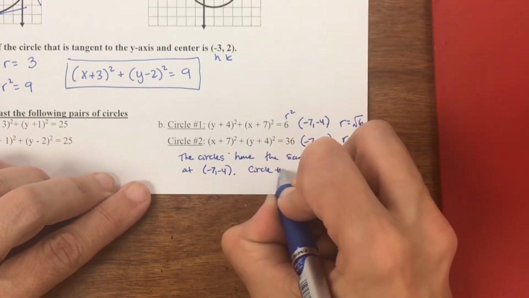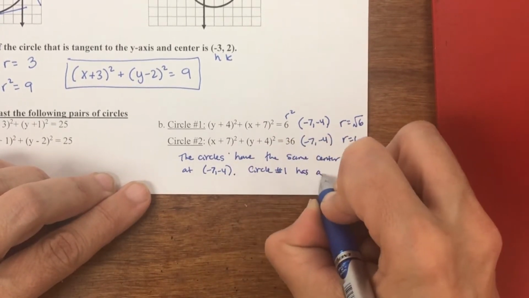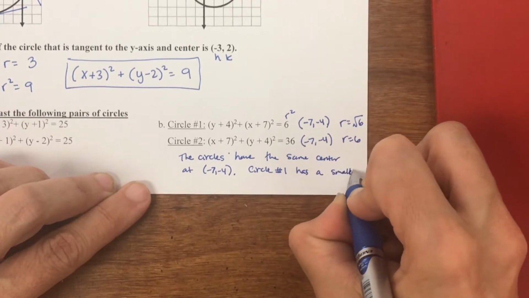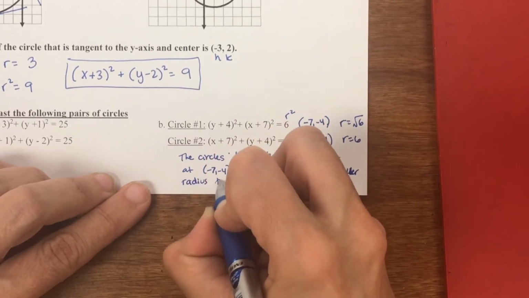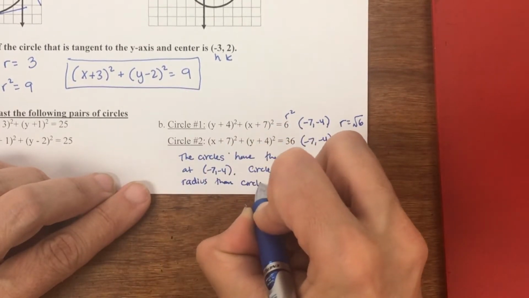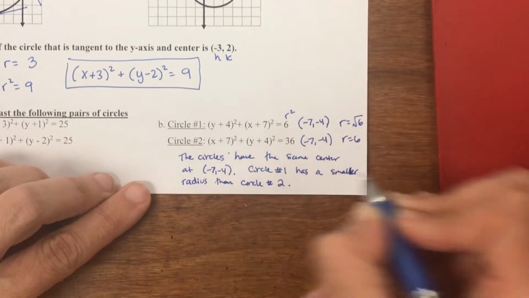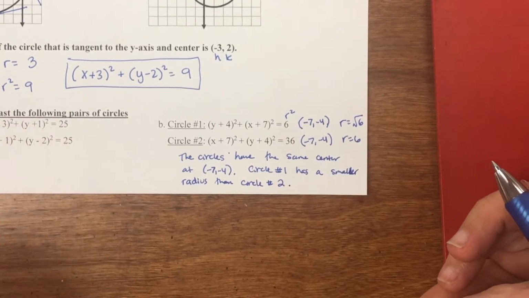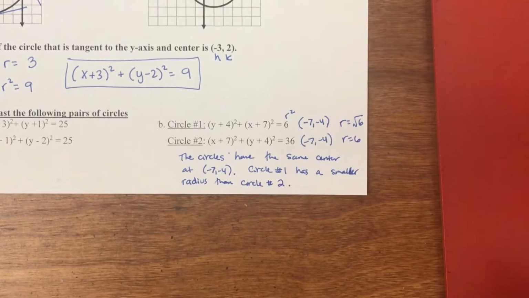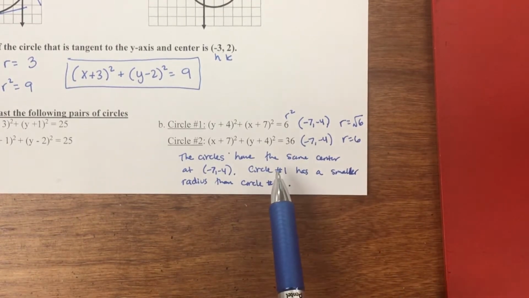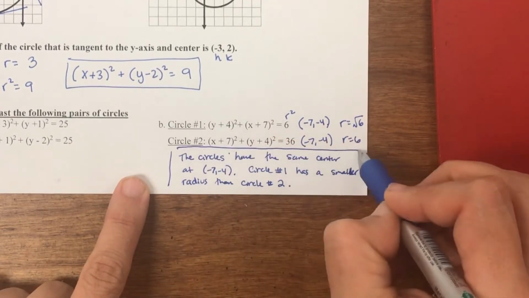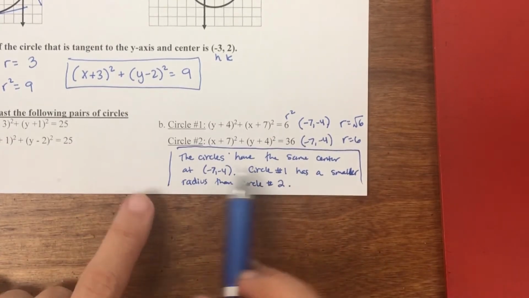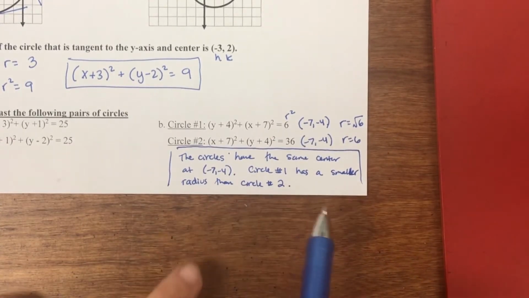Circle number 1 has a smaller radius than circle number 2. So we could say also therefore if circle 1 has a smaller radius, then circle 1 is a smaller circle than circle number 2. So just what we're looking for is some reference to both the center and to the size of the circles.